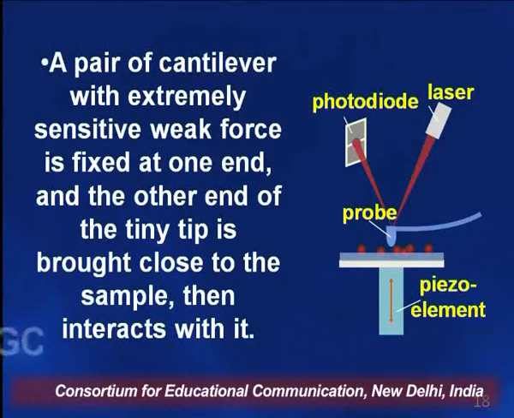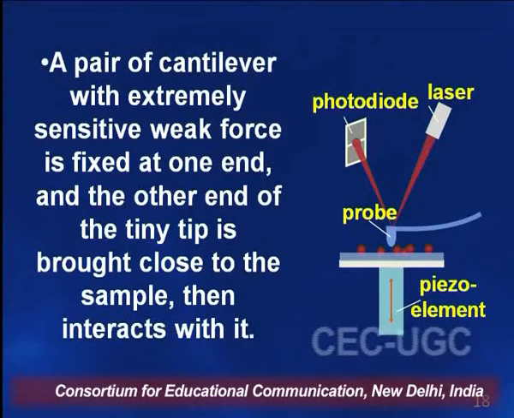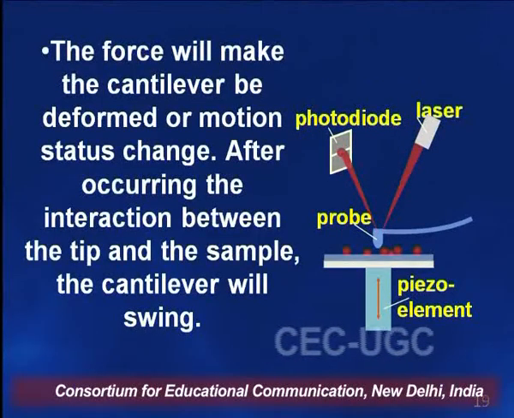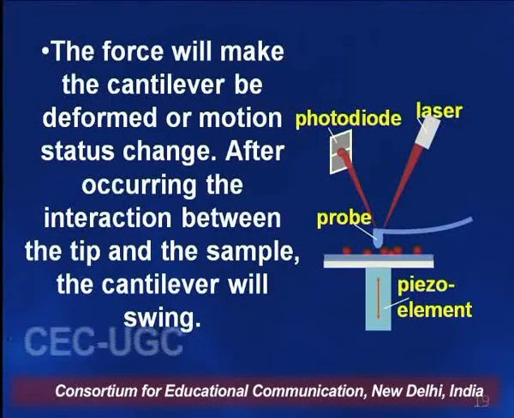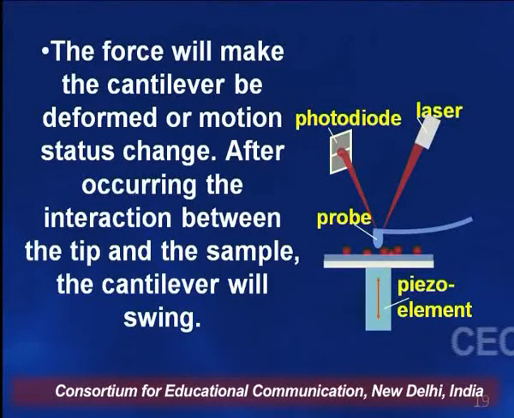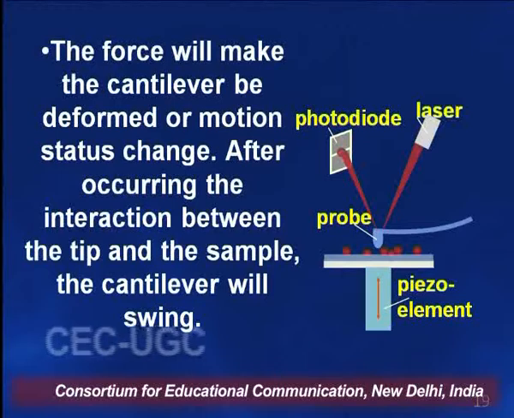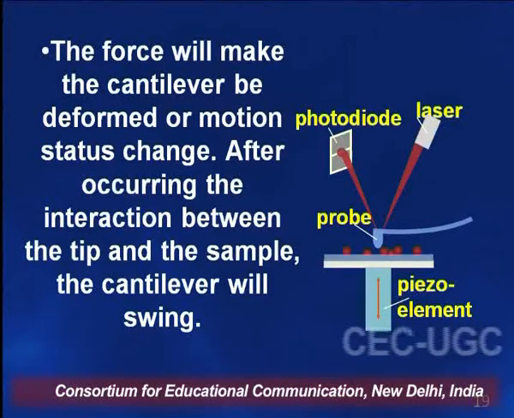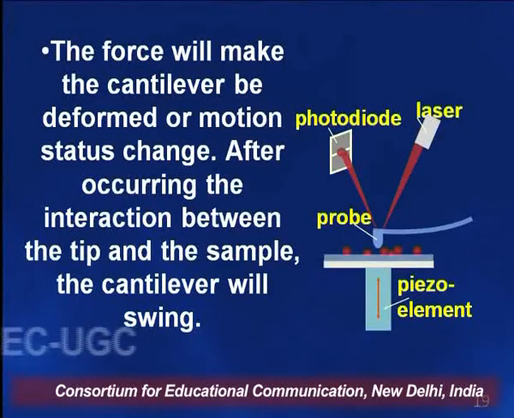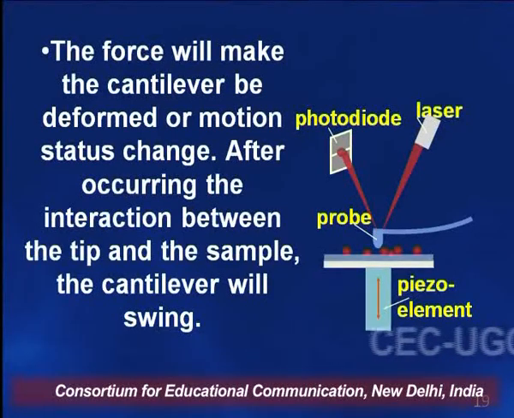The tip is a microsensor, so it scans the surface, and the reflection is obtained in the photodiode. Next, the force will make the cantilever deform or its motion status change. As the laser beam falls, the force makes the cantilever deformed or its motion status changes. The effect of the force on the surface can be recorded. After the interaction between the tip and the sample occurs, the cantilever will swing.